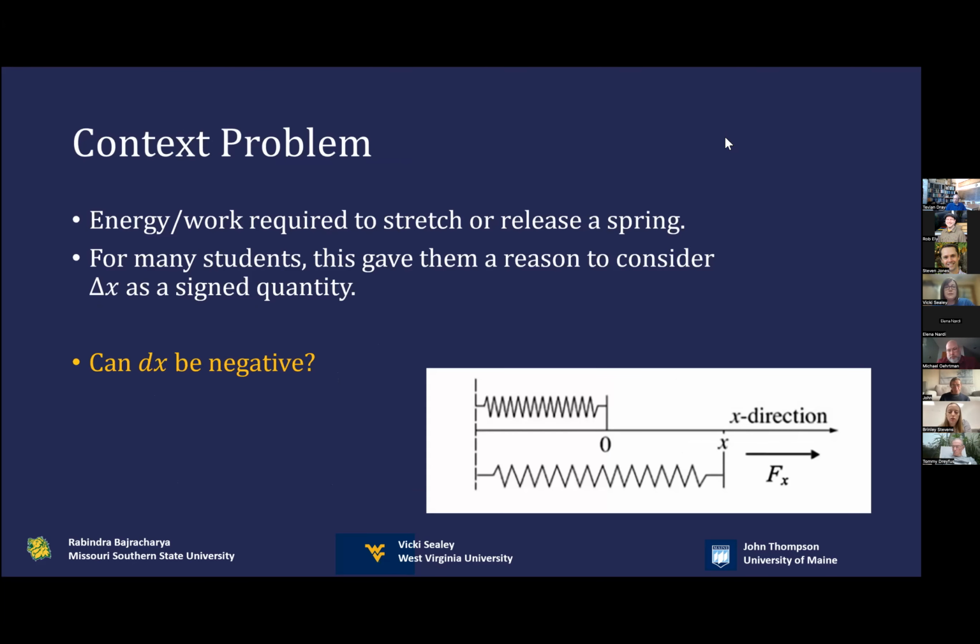We gave them a context problem as well, the energy to stretch or release a spring. For many students, this gave them a reason to consider delta x as the signed quantity. Oh, delta x would be negative here or positive here, depending on which direction we're stretching it. But what we wanted to know was, do they think about dx as a signed quantity?